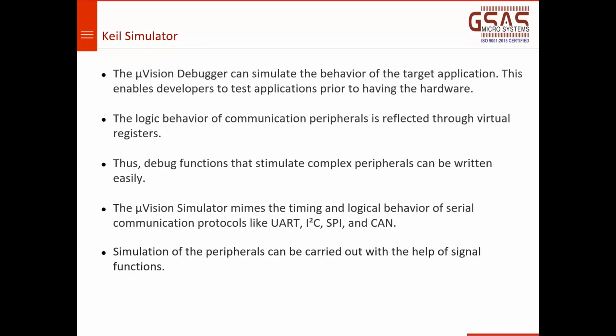So for these communication peripherals, how do you write the program? Whatever data you're sending, you configure the peripheral to send it, and it is sent through pins. They are called communication peripherals because they send data through the pins of the MCU. So how do you test the data going through the pins of the MCU? How can you access the pins of the MCU in your software? Impossible.